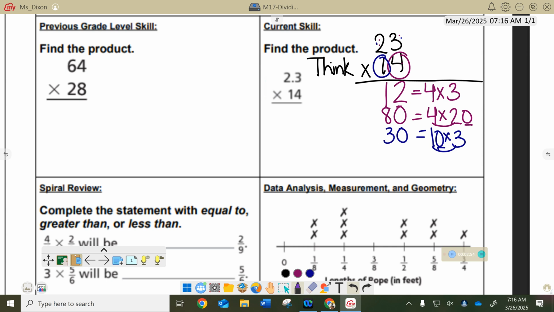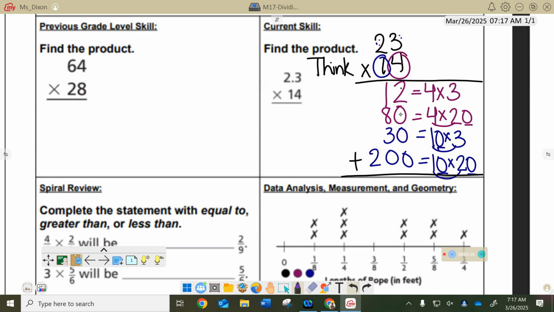And then the value of the 2 is 20. Don't forget that 1 is actually 10. For this one, you're going to need 2 zeros, and then 1 times 2 is 2. Once you have multiplied each of the digits by the values, you can add your partial products.